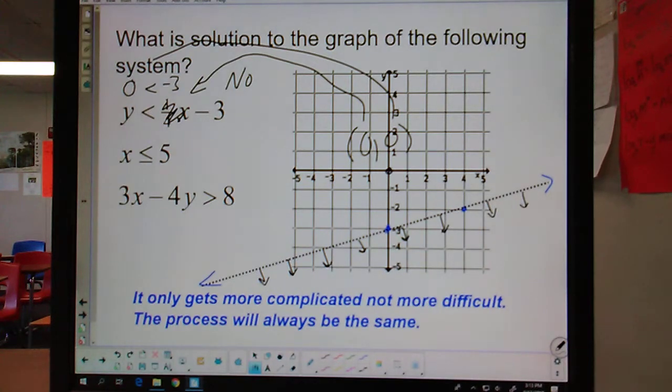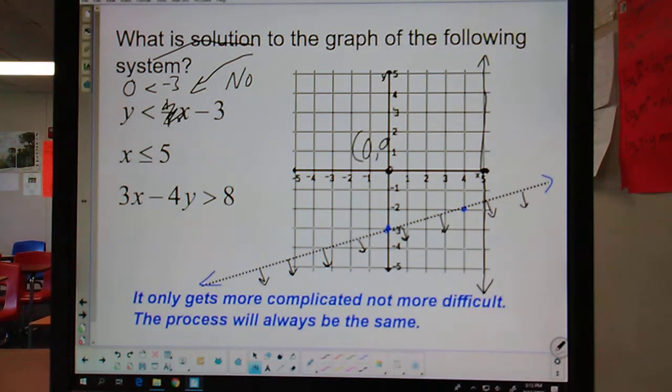Once I find the shades of the other two, I can put them all together. All right, let's take that out of there. Now let's go to the next one, which is x less than or equal to 5. Well, x equaling 5 is a vertical line going through 5 forever like that. Don't forget the arrow tips, and test it by testing 0, 0.